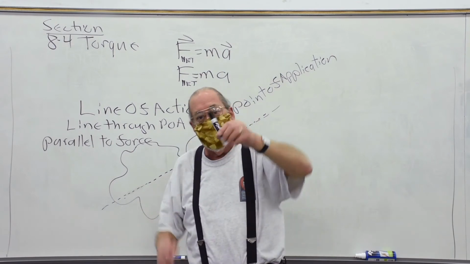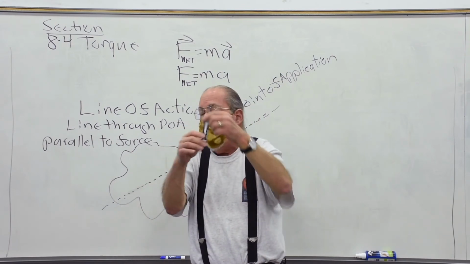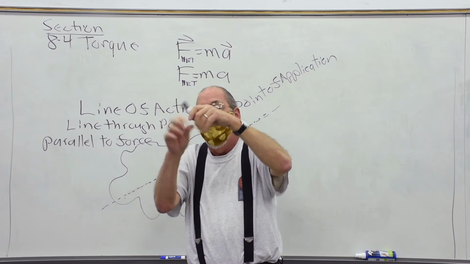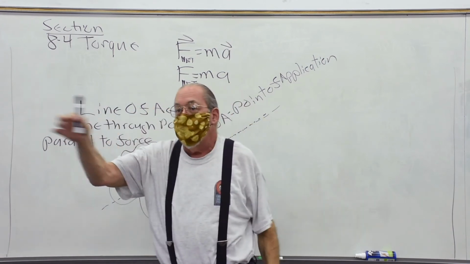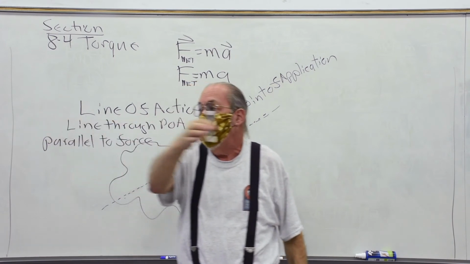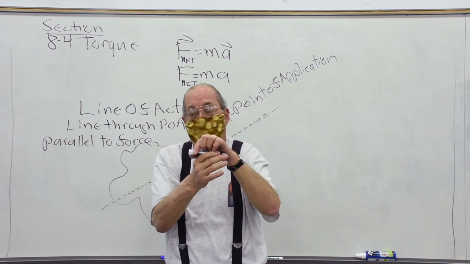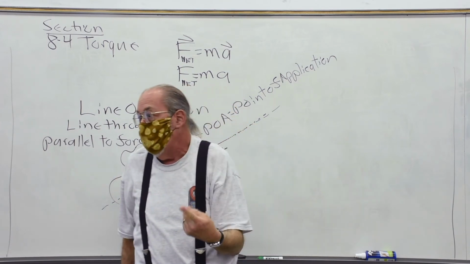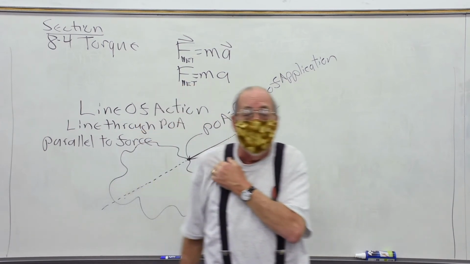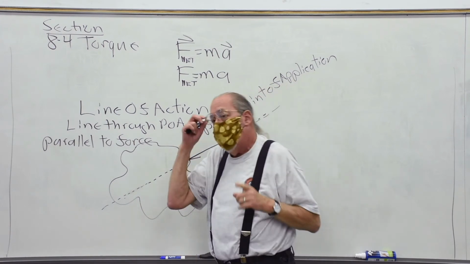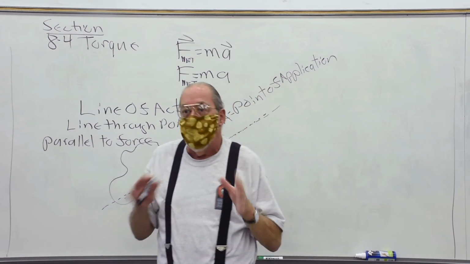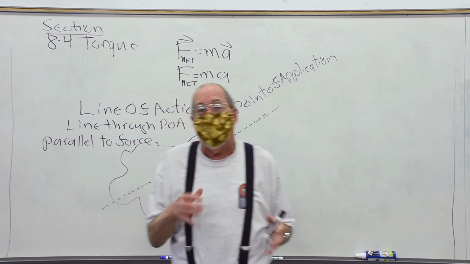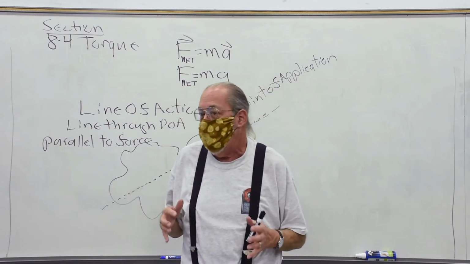I could spin this thing, and if we were in no gravity, it would spin here but have no translational motion. Objects can have rotational motion, they can have translational motion, or if I threw it, they can have both. When we get into chapter 9 where we do statics, not only are they not moving, but they are not rotating. So we have to understand what is the situation that exists when it doesn't rotate.